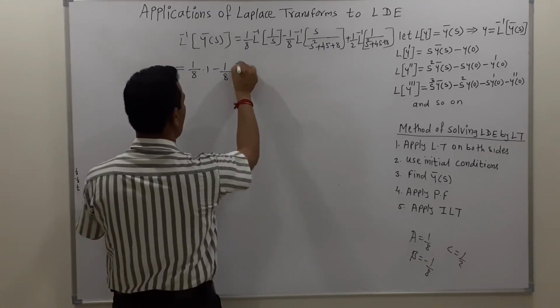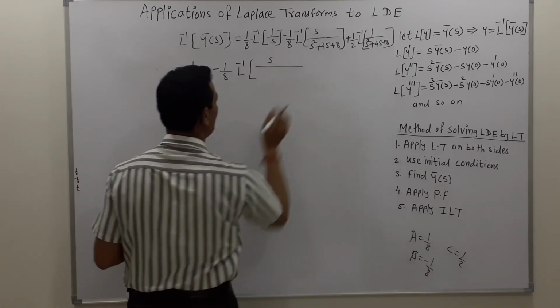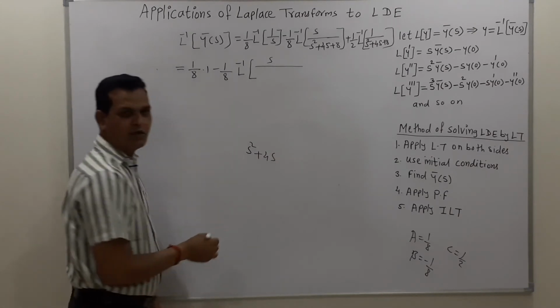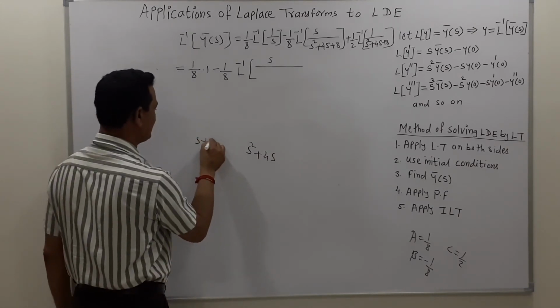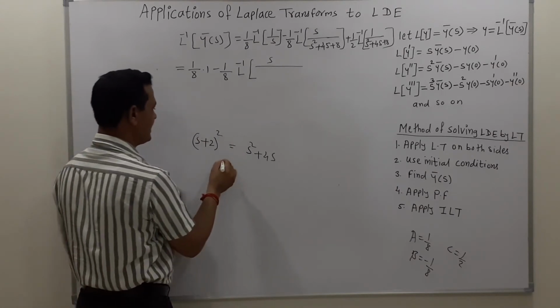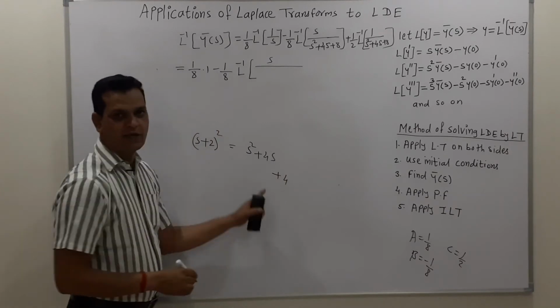So we can write this as inverse Laplace transformation of s upon. If we observe the first two terms, this is s square plus 4s. So we get these two terms because of the term s plus 2, its square. Its square is s square plus 4s plus 4. So we get here plus 4.